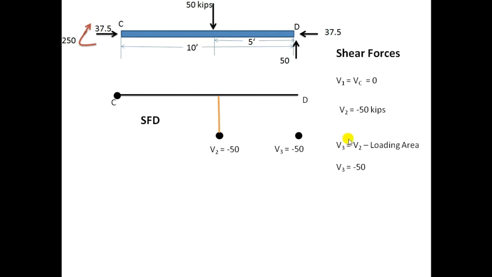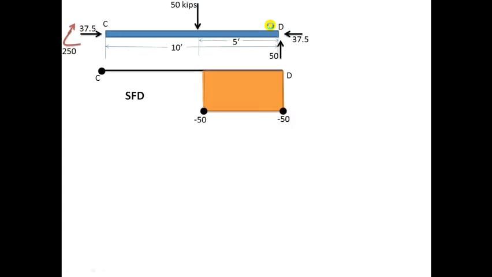And here, from C to this point no load was acting, so the shear force at C was 0, and here the shear force is also 0 in this region. But in this region also no load is acting, so the shear force will be constant. This is my SFD diagram for this shape. And now I will draw the BMD shape.